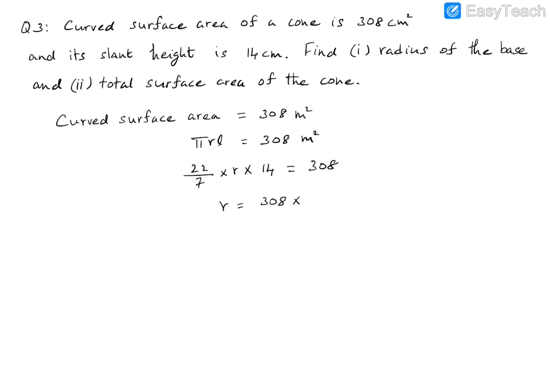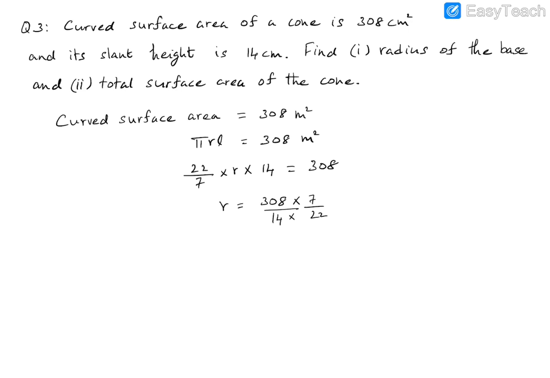308. We will take the 22 by 7 to the other side of the equal sign, so that becomes 7 by 22, and we'll take the 14 also to the other side, so 14 will go to the denominator. So r is 308 into 7 divided by 22 into 14.